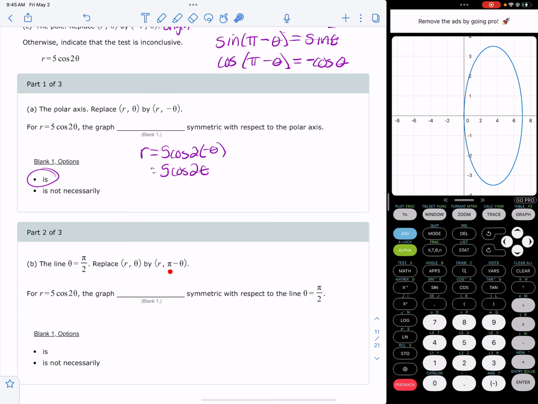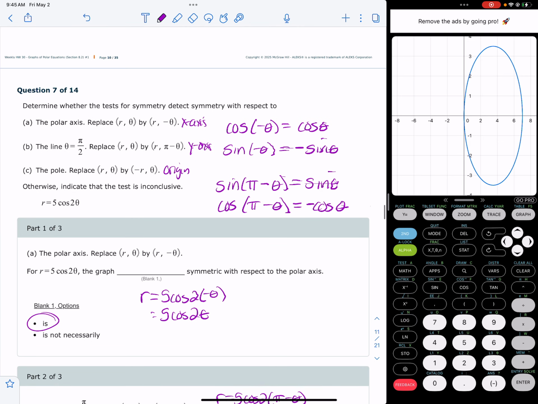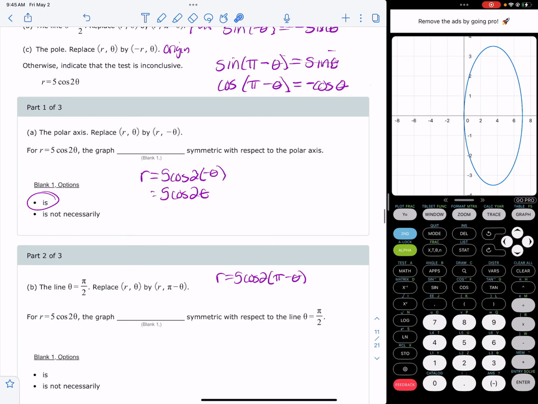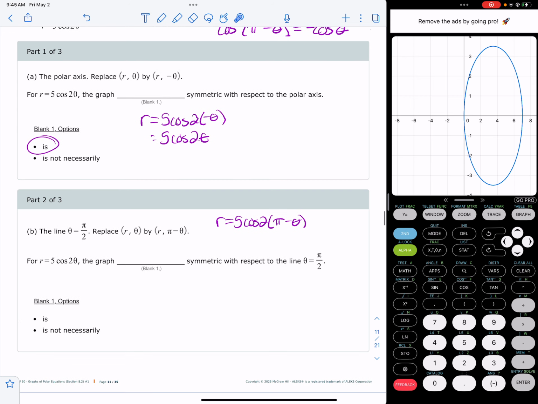And now we go down here, do the same thing. So r equals 5 cosine 2, and we put in pi minus theta. Wait, we've got to distribute this: 2 pi minus 2 theta.